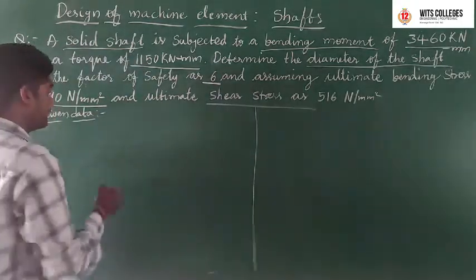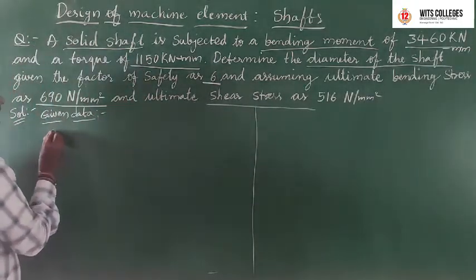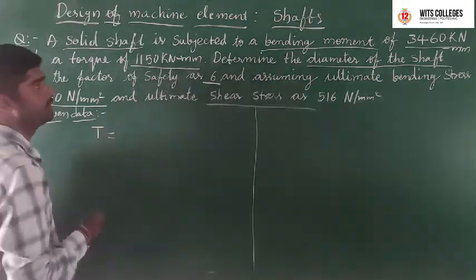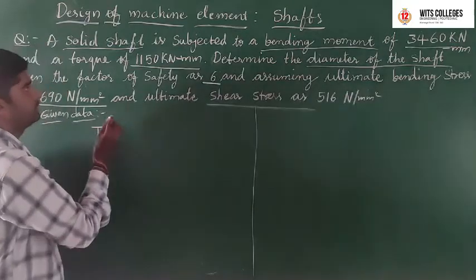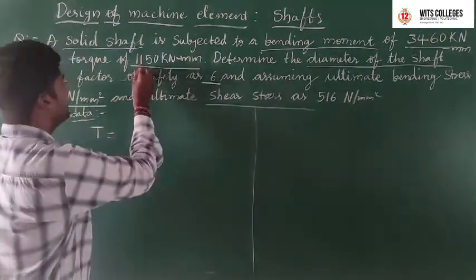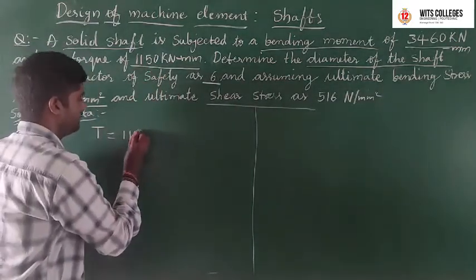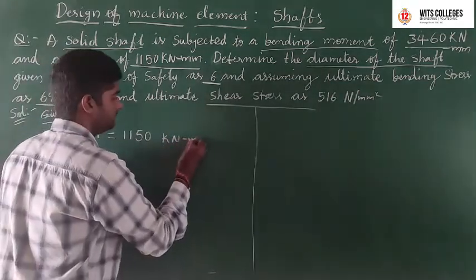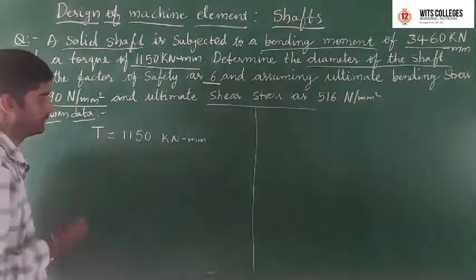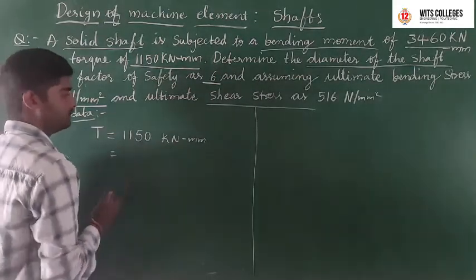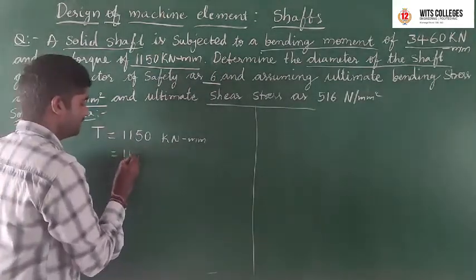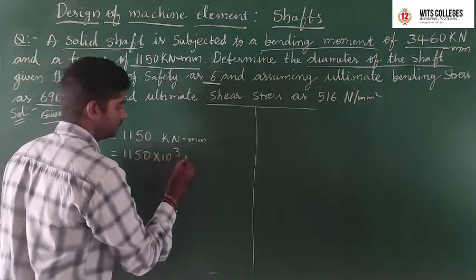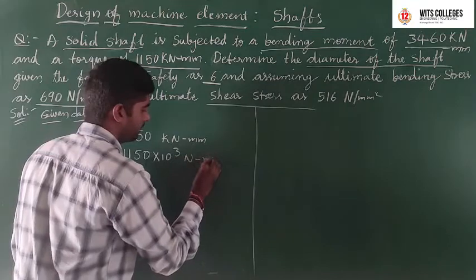Given data in this question: torque T is equal to 1150 kilonewton mm, converted into Newton mm, that is 1150 into 10 cube Newton mm.